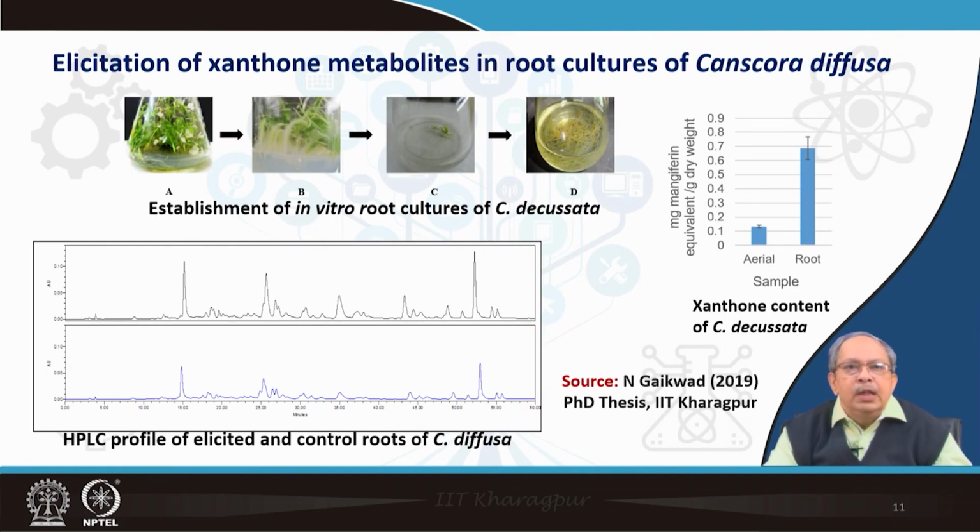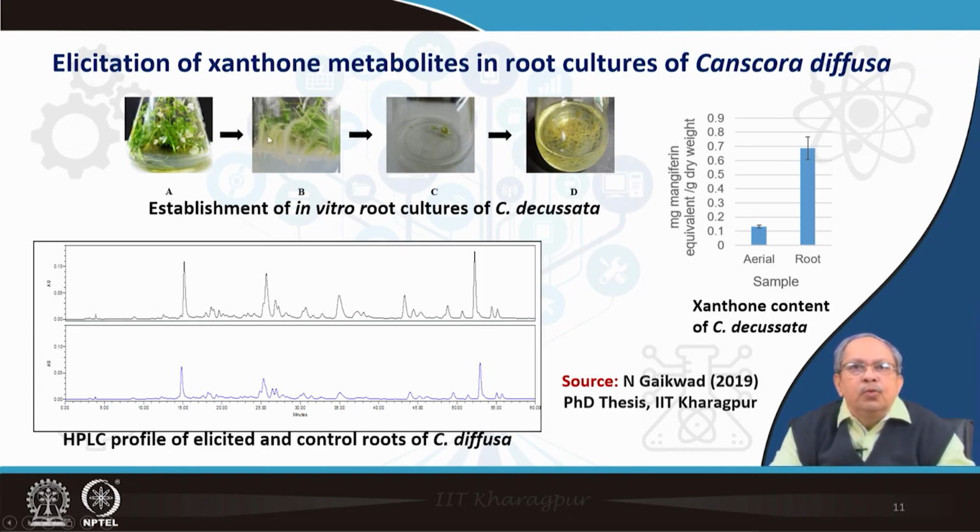Now, apart from this, there are other very interesting examples with root cultures. Here I am showing Canscora diffusa and Canscora decussata, both species which produce xanthone metabolites. We have the root cultures of both.